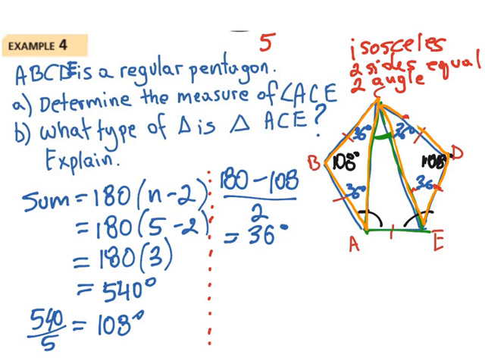Make sense? Last thing for solving for ACE, the green angle, is that we know that this entire angle right here is the interior angle to this regular pentagon. And we already know that value. It is 108.